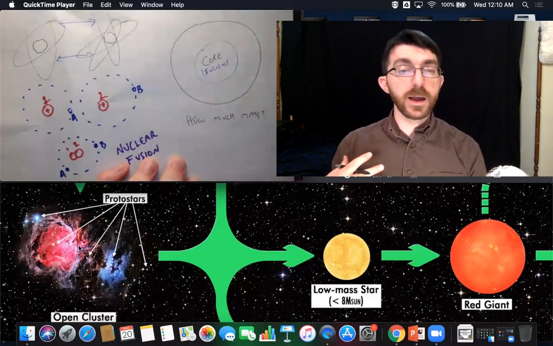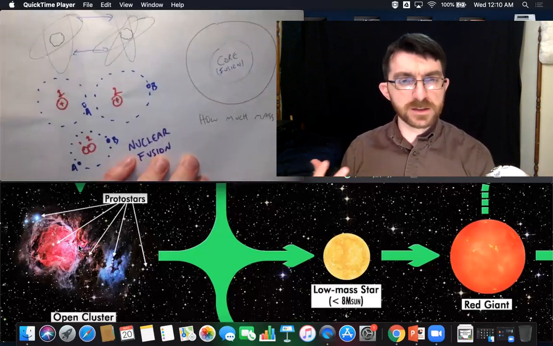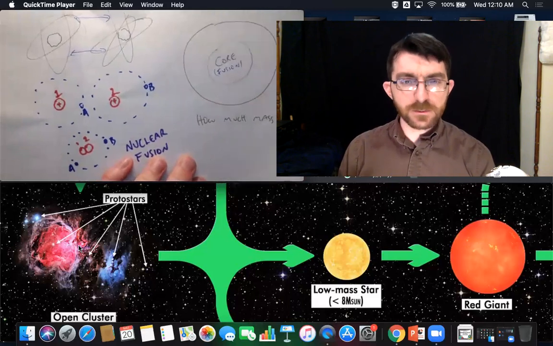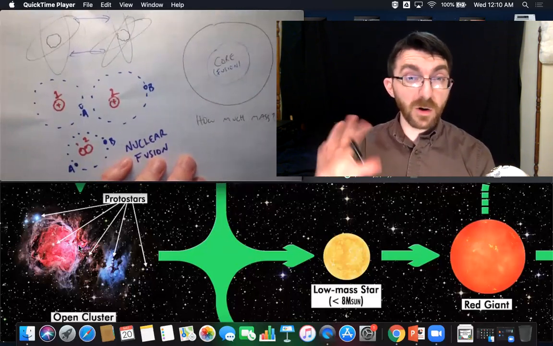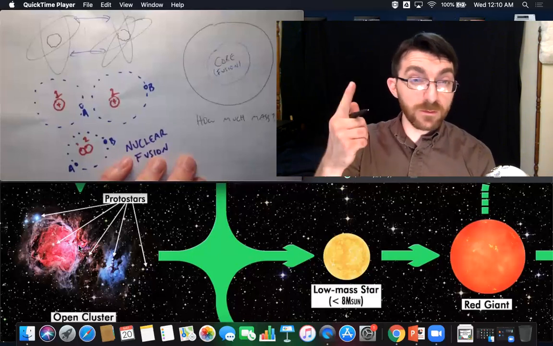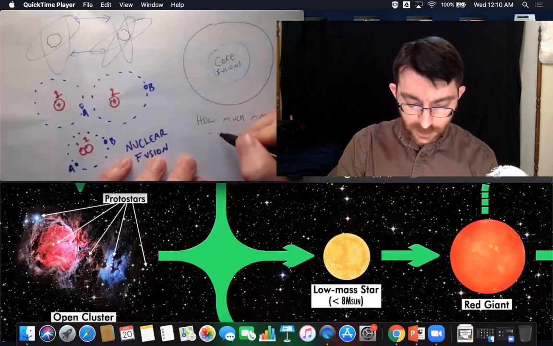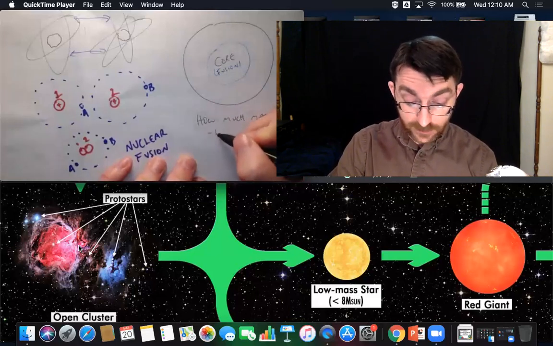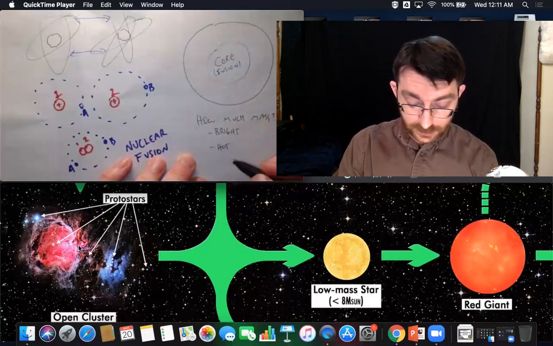And the reason why it's kind of like, is it one thing or is it several things, is because the mass itself is going to determine a lot of other things about the star, but they're all related to each other. So it's kind of like one factor that shows up in several places. So how much mass is also going to determine how bright the star is. It's also going to determine how hot the star is. That's also going to determine what color the star is.